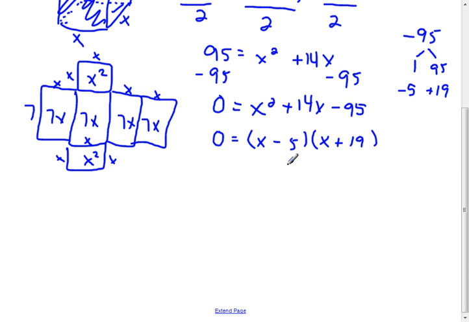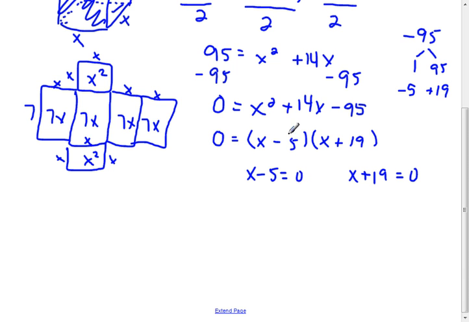So now we have two answers from this. We have x minus 5 equals 0, and x plus 19 equals 0. So why is this? Well, I see two separate things multiplied together equaling 0. The only way you can multiply two things to get 0 is if one of those two things is 0. 0 times anything equals 0.